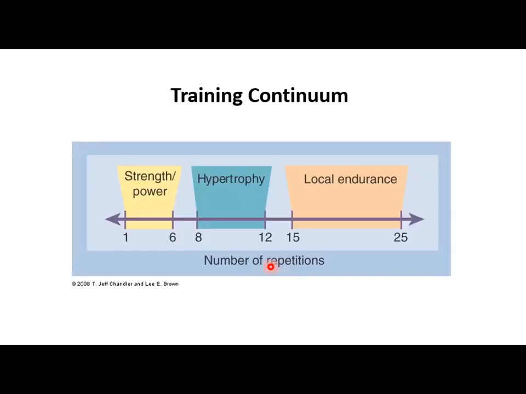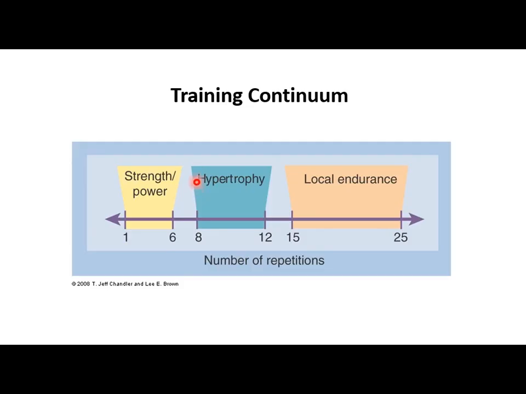So if you look at exercise intensity and exercise volume, note the inverse relationship here along this spectrum. Here's the number of repetitions on the spectrum from 1 to 25.